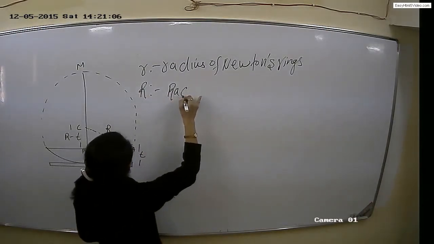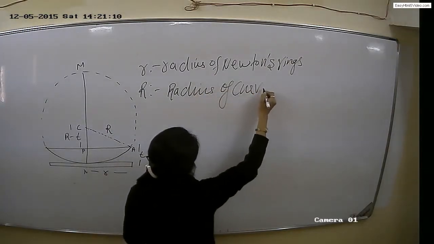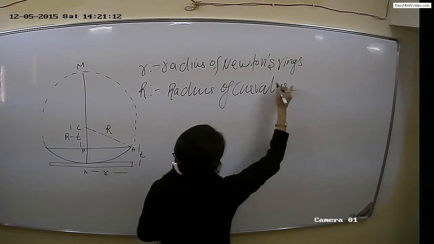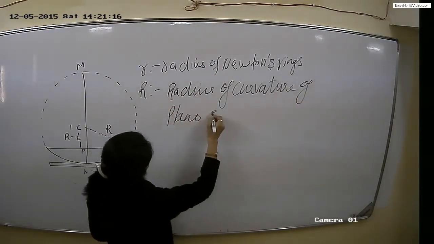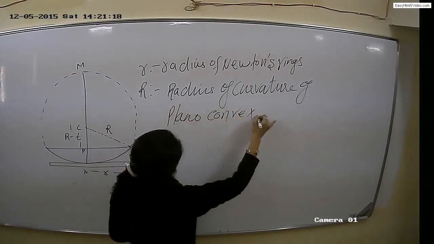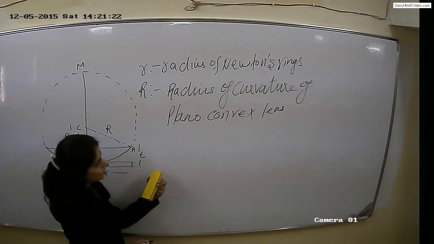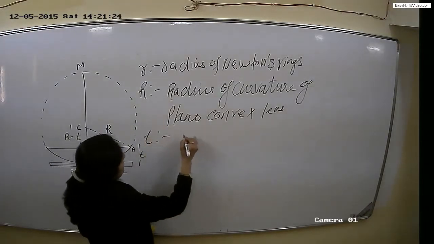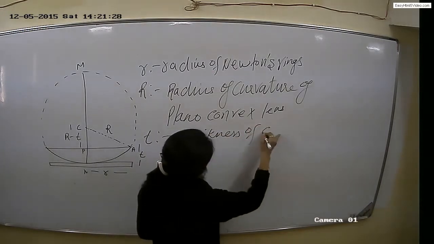Capital R is the radius of curvature of the plano-convex lens. T is the thickness of the air film.